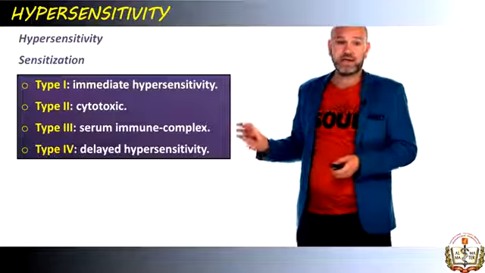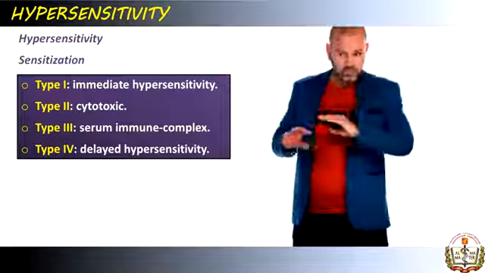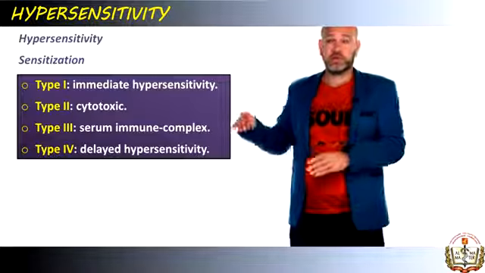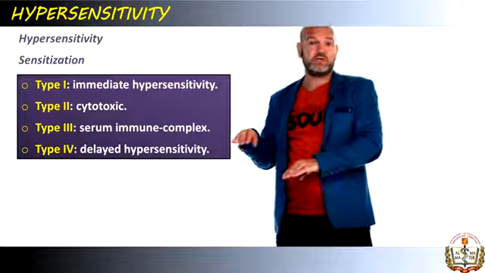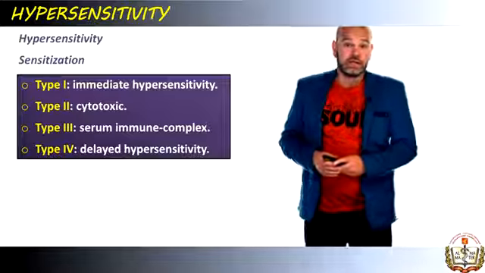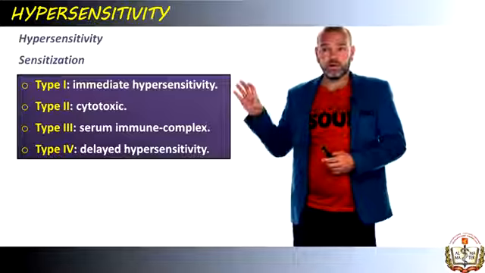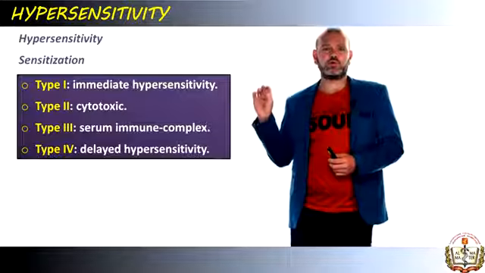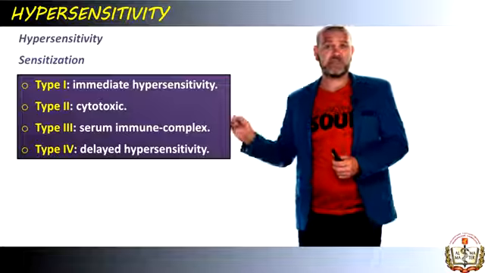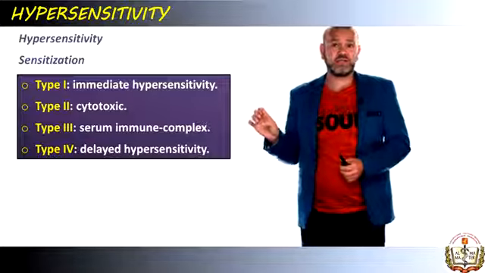It is mediated by T cells without antigen-antibody complex. So in the first three, you have antibody as the main participant, and in the fourth one, you have cells. So only 4 types. Seems not very difficult, but again, you always mix them up, especially the second and the third one. You cannot understand what the difference is.